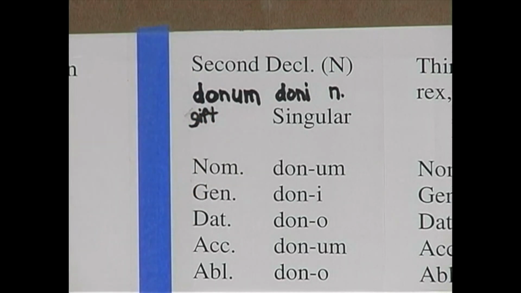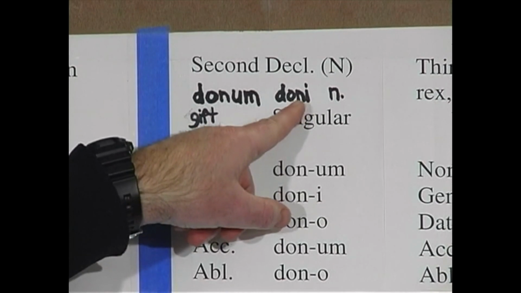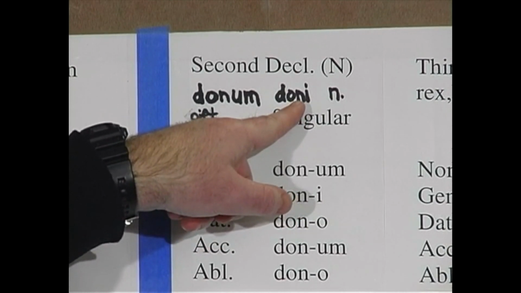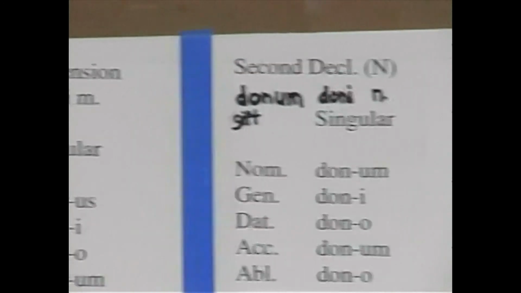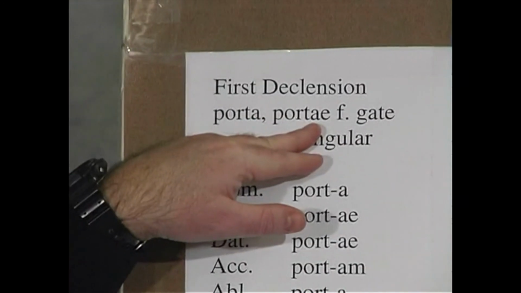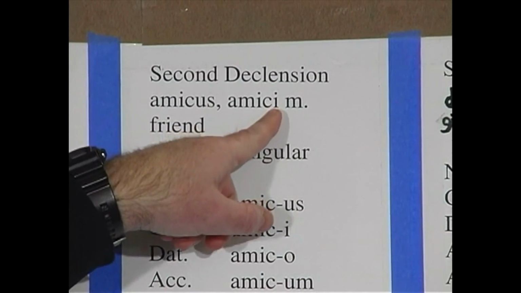You can identify this noun as a second declension noun because its genitive singular ends in I, doni. That's the sign of the second declension, just like the first declension is indicated by a genitive singular that ends in AE.